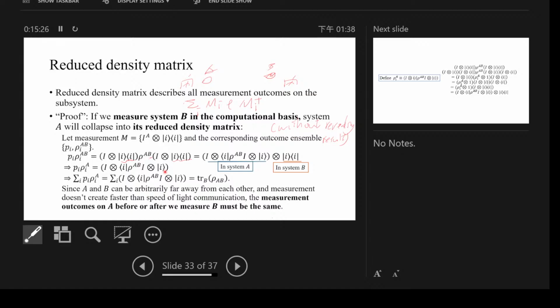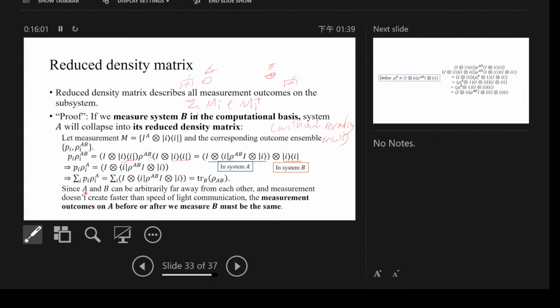And in this proof, we actually use another property of density matrix. That is, we assume that if you do measurement on system B, that doesn't change the density matrix on system A. So I guess this is a bit circular. But I like this proof because it shows quite a nice idea about the reduced density matrix. You can think of this partial trace operation as you just measure system B in computational basis.